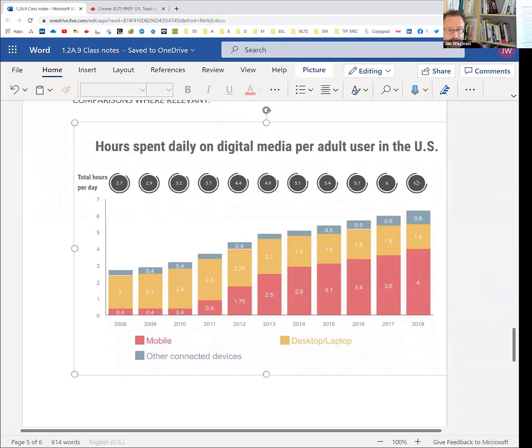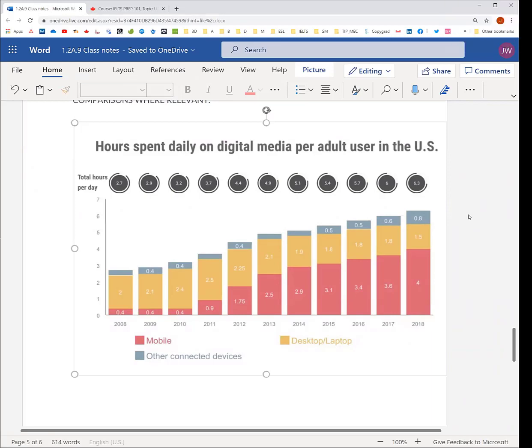What are these black circles at the top? What do those represent? These represent the total hours per day that people use digital media. Okay. What do the three colors represent in the stacked bars?